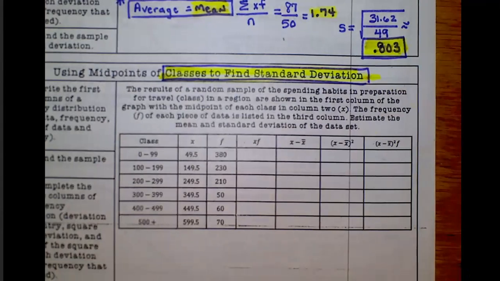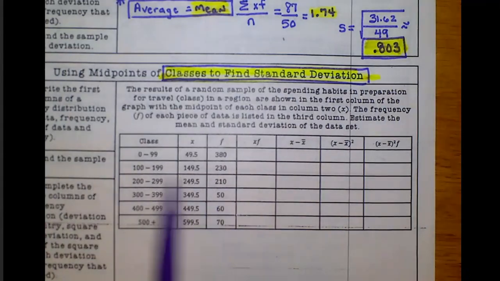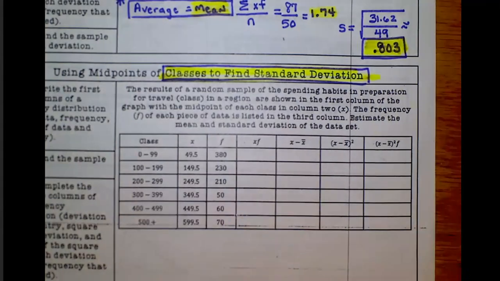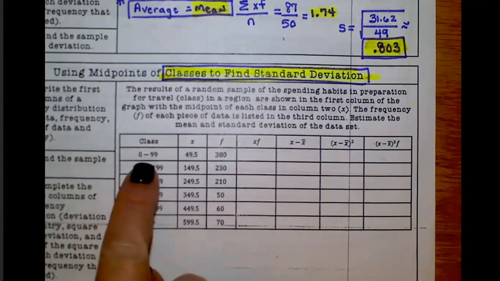Now, we're still going to use the same formula, but we're going to have to think about it a little bit differently. If I had something in the 0 to 99 class, and it occurred 380 times, I definitely don't want to write that out 380 times. And I really don't know what fell between that class.